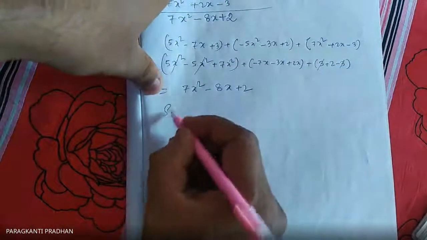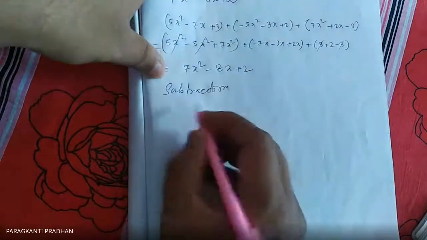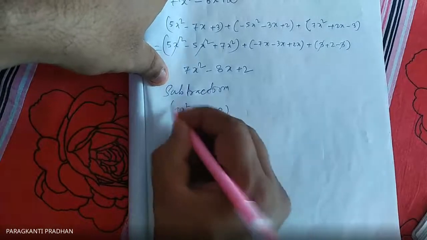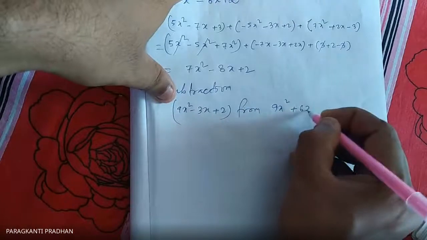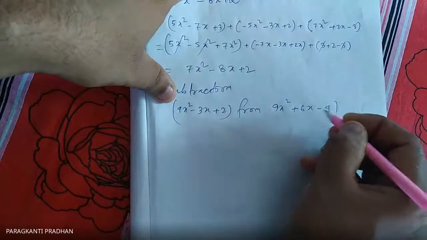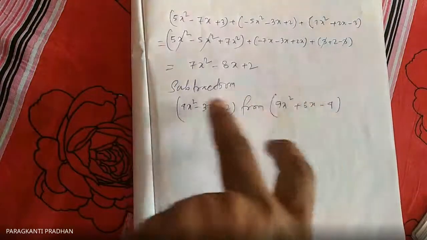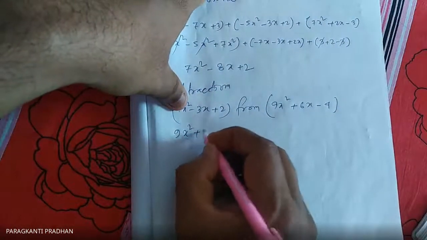Now subtraction. You have to subtract 4x square minus 3x plus 2 from 9x square plus 6x minus 4. So this from this, that means this minus this. We are solving this by the row method.